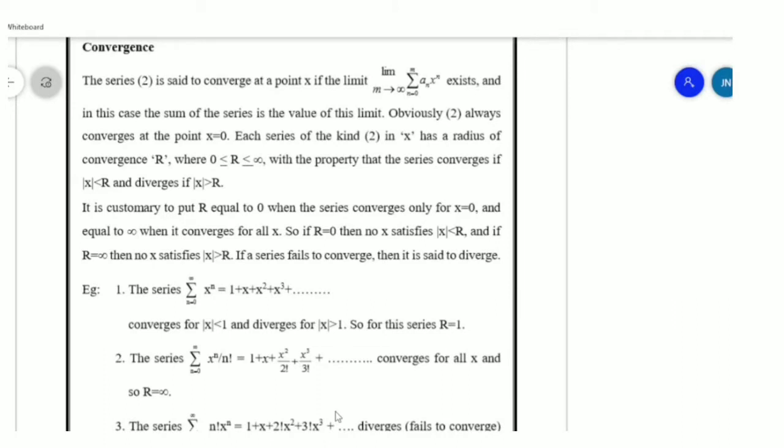You can see that this series converges only at x equal to 0. So the radius of convergence of the series is 0.